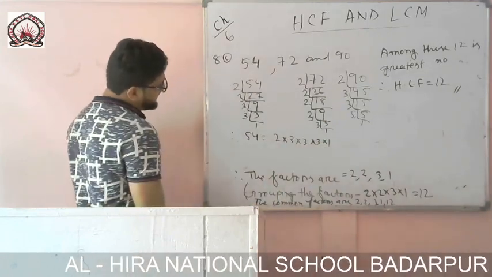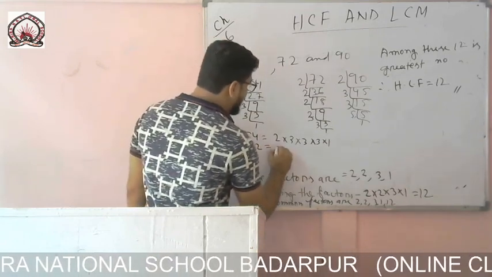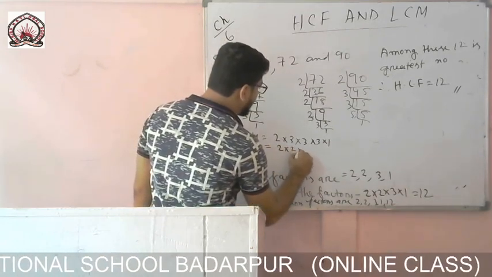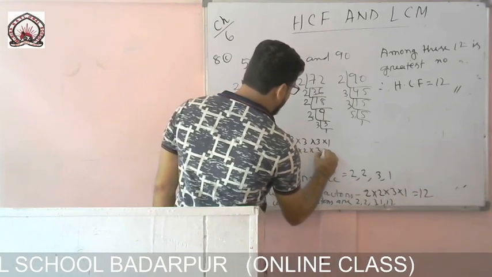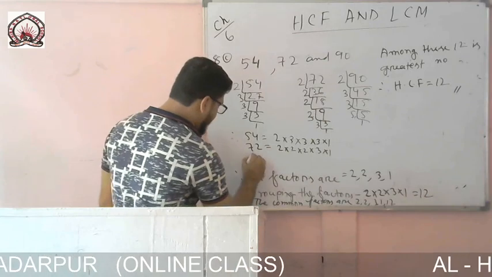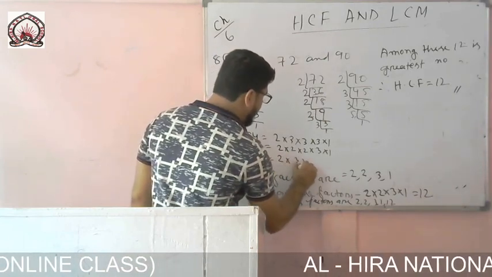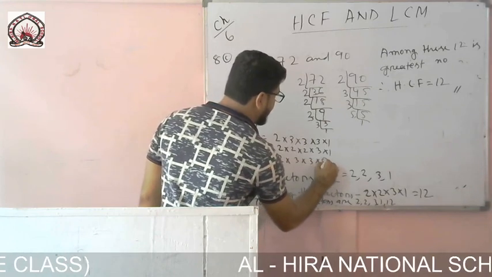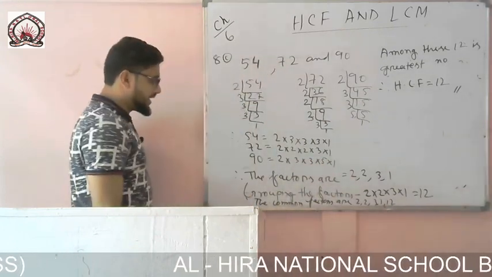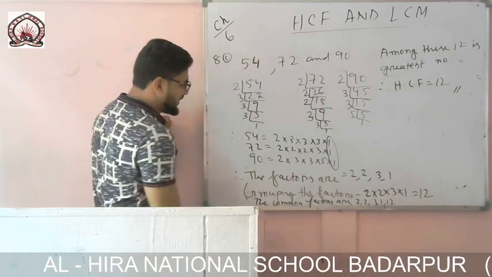Okay, now 72: 2 into 2 into 2 into 3 into 1. Okay, now 90: 2 into 3 into 3 into 5 into 1. Now we check, 1 is there. Okay, here 2 is there.